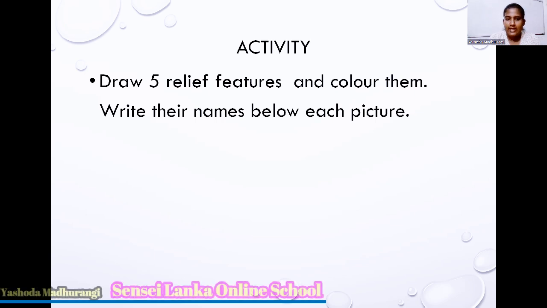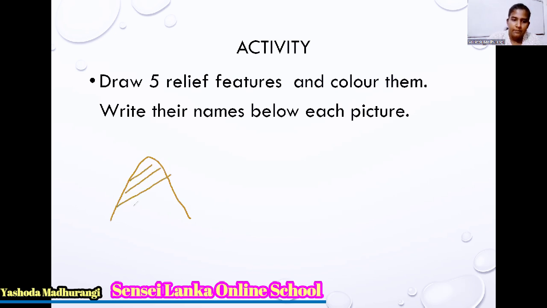Once again, there is another activity. Draw 5 relief features and color them. Write their names below each picture. I will show you one example. One relief feature, think it is a mountain. You have to use brown color and draw the shape of the mountain. If you have color pencils, color this area.